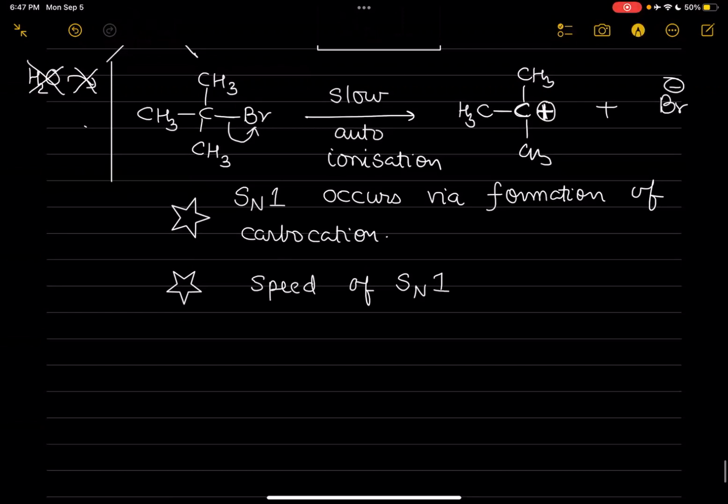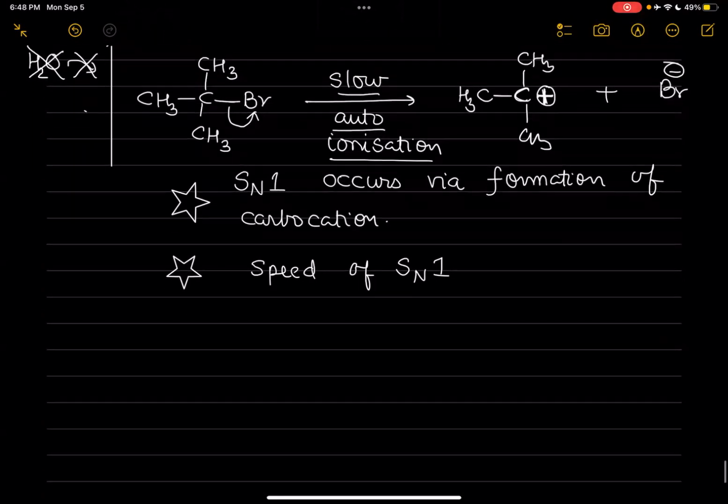Okay, it appears to be slow auto-ionization, but sometimes it can become faster than SN2. Okay, what you thought was correct, we expected it to be very slow, right? But sometimes it becomes very fast. So what are the factors which make it fast? It is directly proportional to the stability of the carbocation.